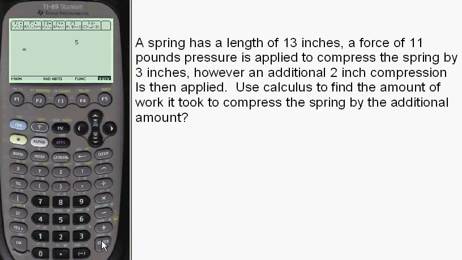It turns out to be 11 over 6 times x squared from 3 to 5. Then we evaluate at each one of these limits. Substituting 5 for x turns out to be 45.8. And substituting 3 turns out to be 16.5. Always upper minus lower equals 29.3 joules. So that's the answer to this problem.